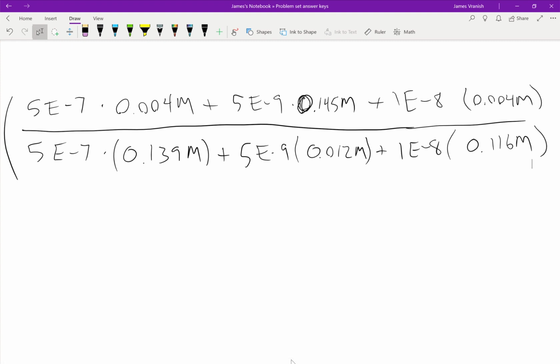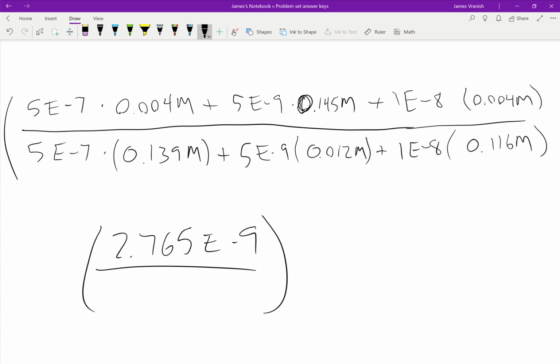Bear with me, I have not done this yet, so it might take me just a minute. 5e negative 7 times 0.004 plus 5e negative 9 times 0.145 plus 1e negative 8 times 0.004. Right. So the numerator here is 2.765 times 10 to the negative 9.